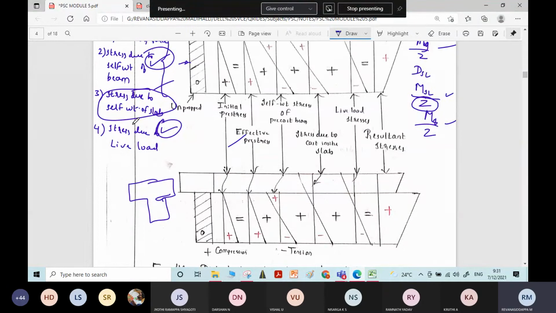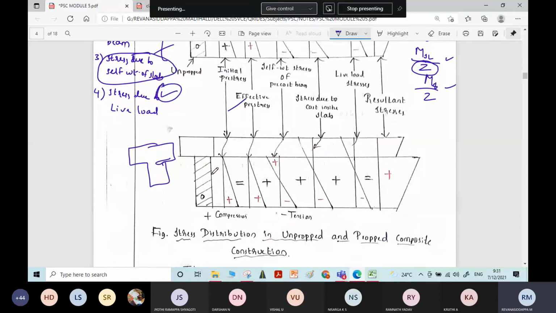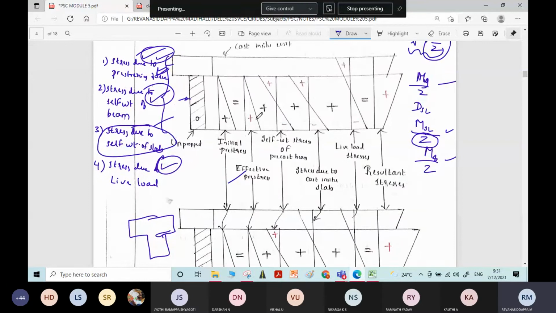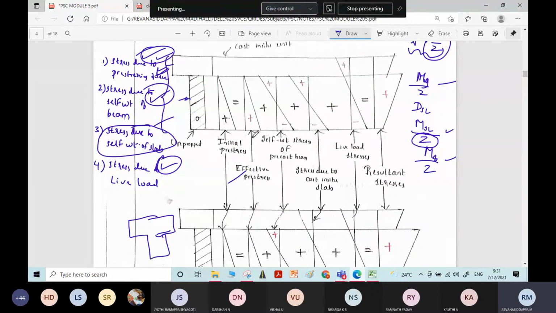Here only the section modulus of the beam will be considered, because the load distribution is from element to element there. As it acts as a whole, the full section modulus will be calculated in the second case. In case of unpropped construction, only the section modulus of the beam will be considered.